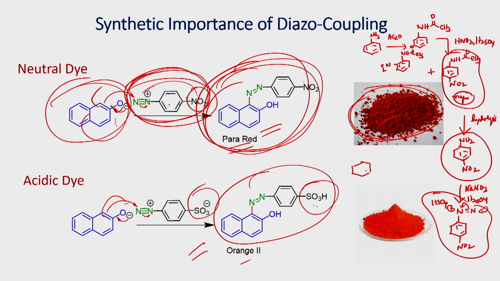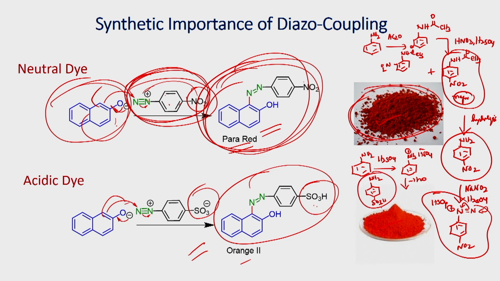You can react with sulfuric acid, you will get the salt. When you heat it at high temperature, you can lose water and then it rearranges to amino benzene sulfonic acid.